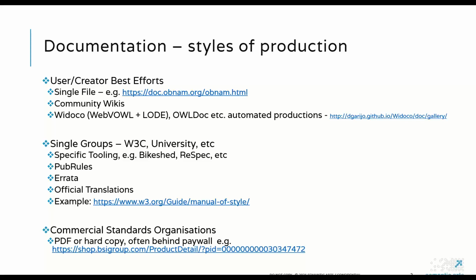When we get groups that are a little bit more organized and are expected to be producing more authoritative documentation, a little bit more official stuff, and I'm talking about things like W3C, perhaps some university stuff, and so on, then we find that documentation makes use of tooling, such as Bikeshed or ReSpec, that there are certain publication rules that have to be passed before the publication goes forward.